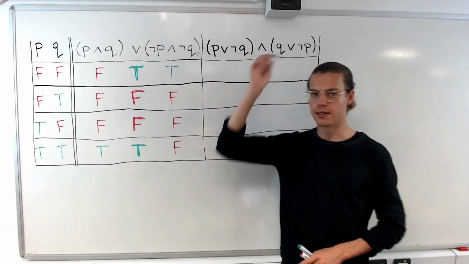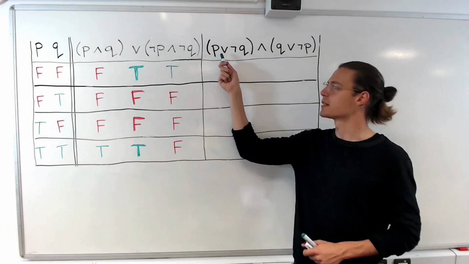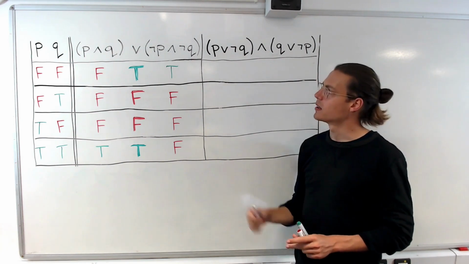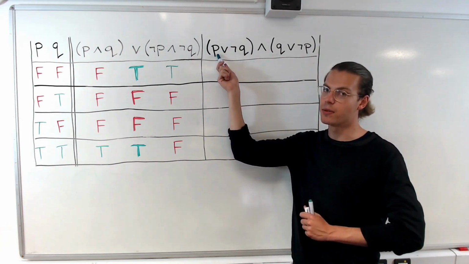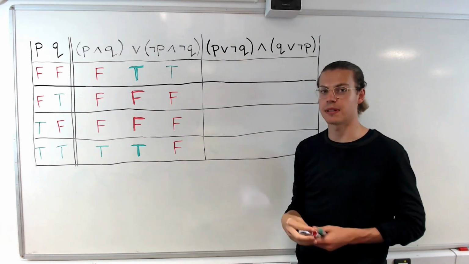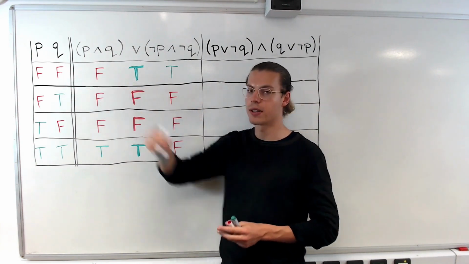Let's turn our attention to the second formula. First up, let's look at P or not Q. So if P is true or Q is false, then this statement is true. So in the first row, Q is false.